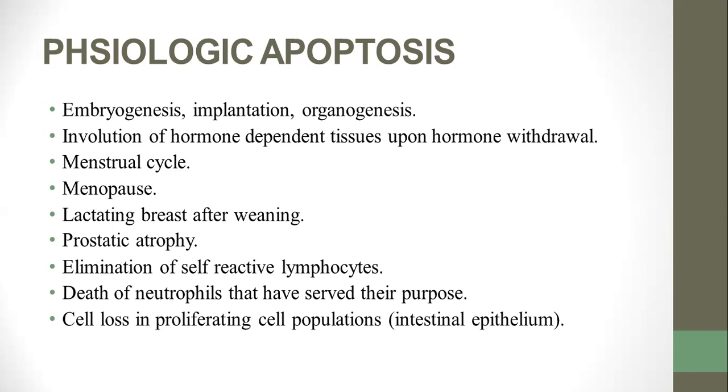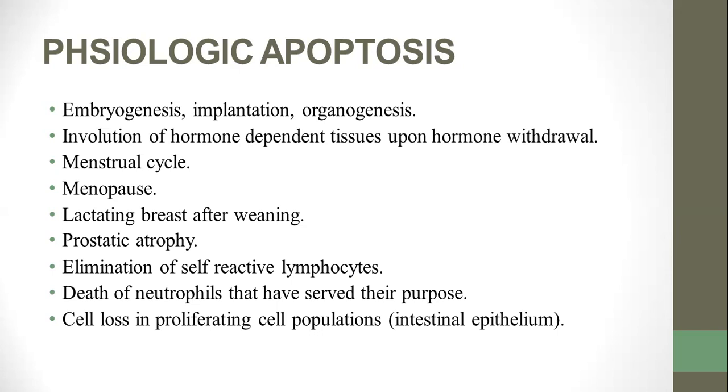Then there is involution of hormone-dependent tissues upon hormone withdrawal, like that occurs in cases of menopause, or the lactating breast after weaning, when oral food is started. So the cells of the breast also undergo apoptosis.